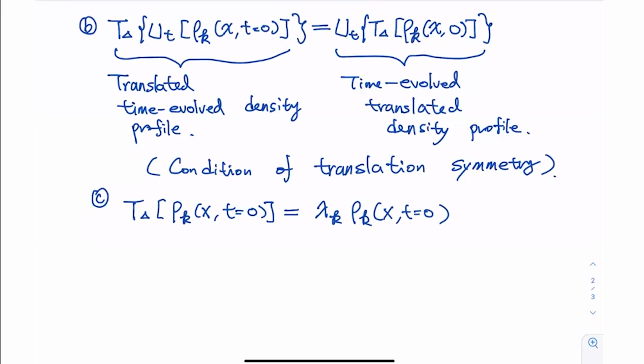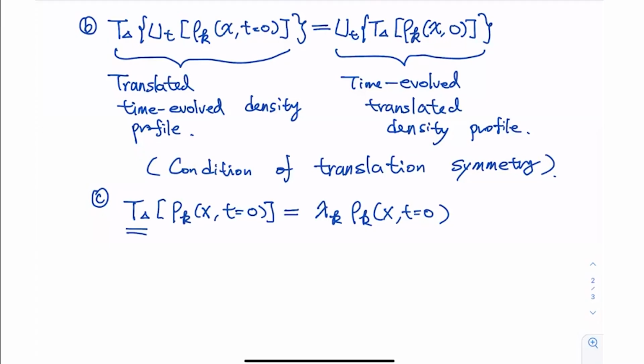In the most general case, this translation operator should be represented by some kind of big matrix. So in general, understanding the effect of this operator is not so trivial.